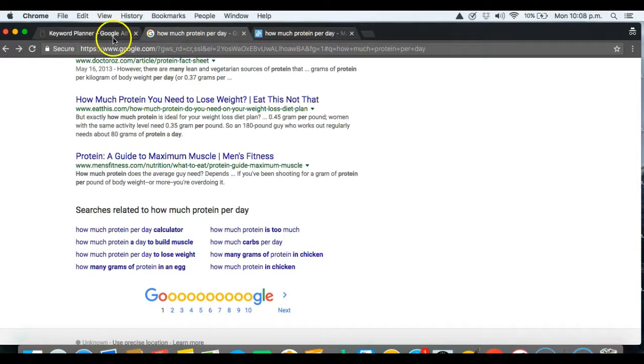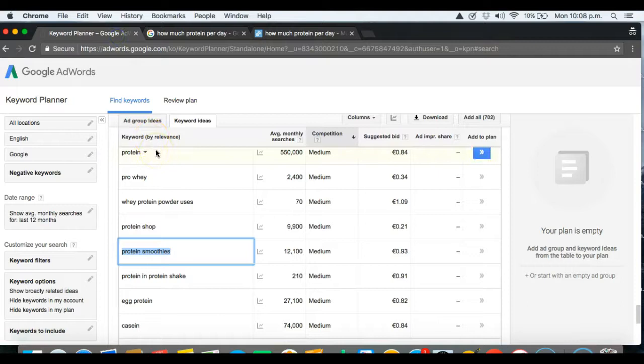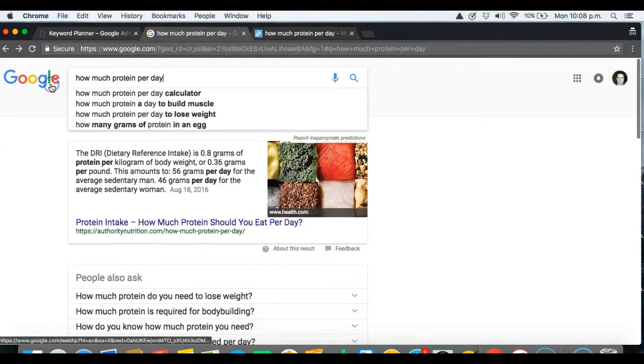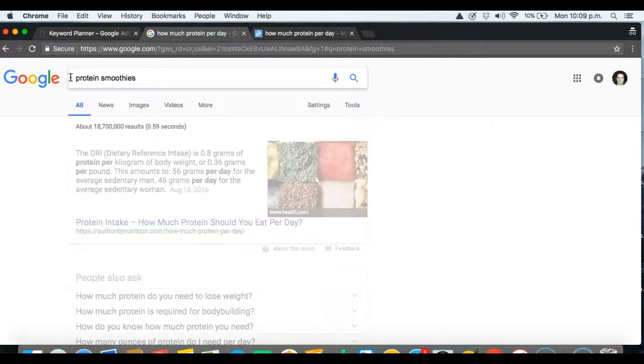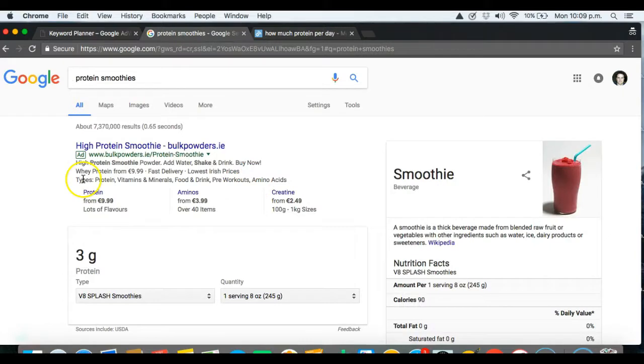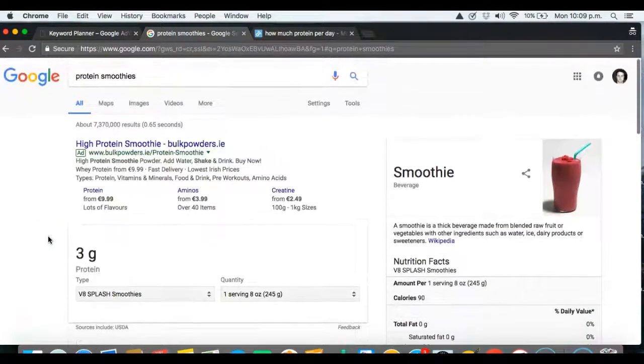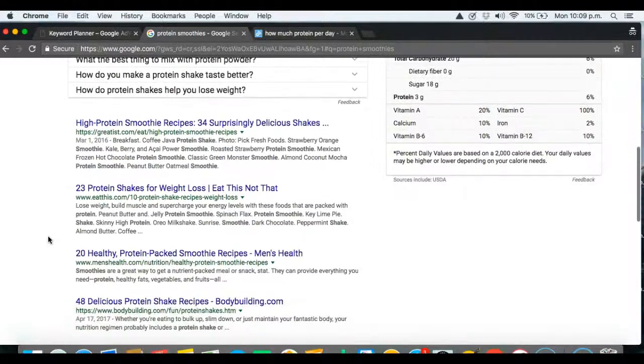So what was our other keyword? We had protein smoothies. Let's do a little search on protein smoothies. Pop it into Google, and it's really very fun, this keyword research. I swear, it is good fun. Protein shake, protein smoothies.